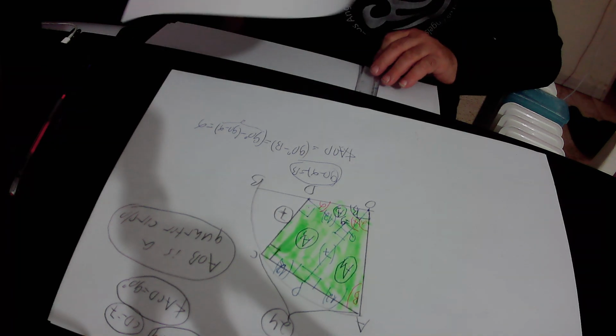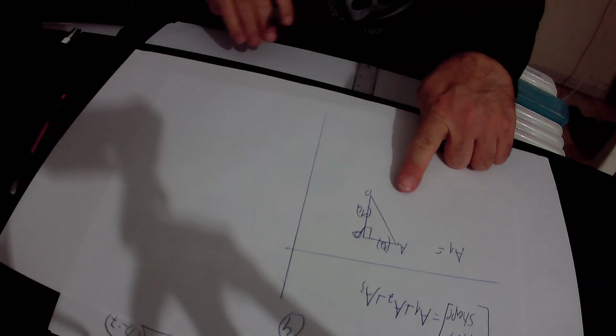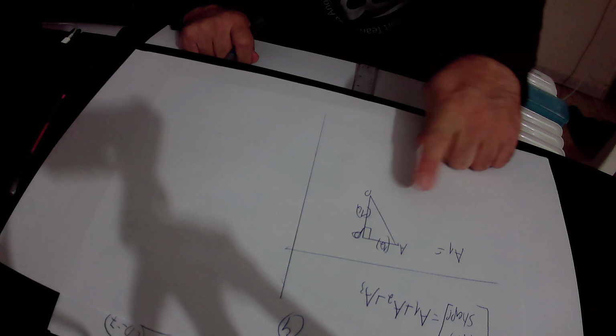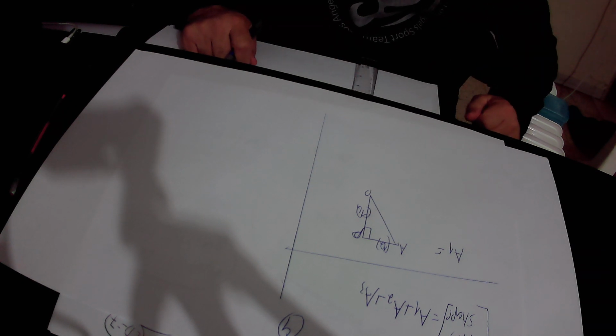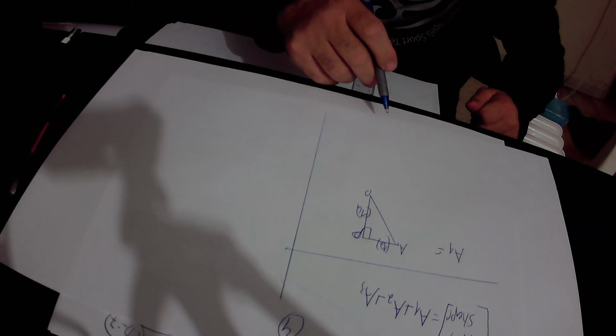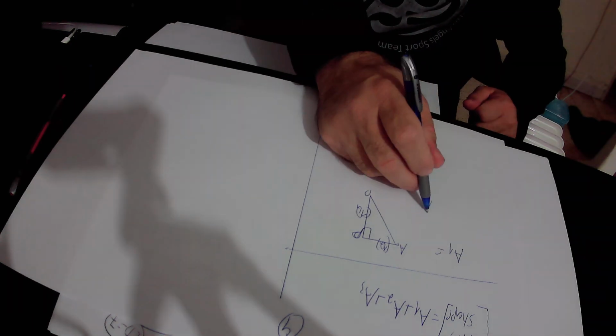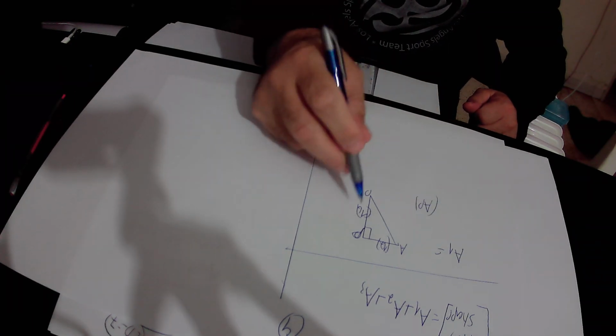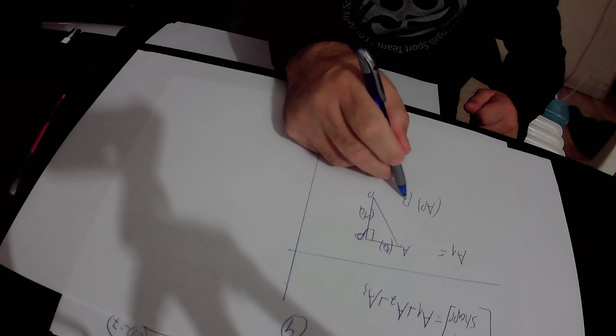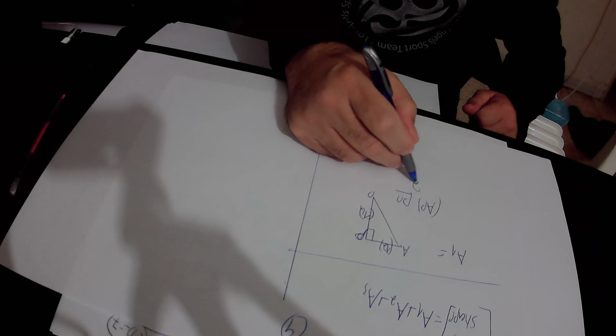So actually A1 equals the area of this right triangle APO. The area of this right triangle equals the base, that is AP, times the height to the base, that is PO, over 2.